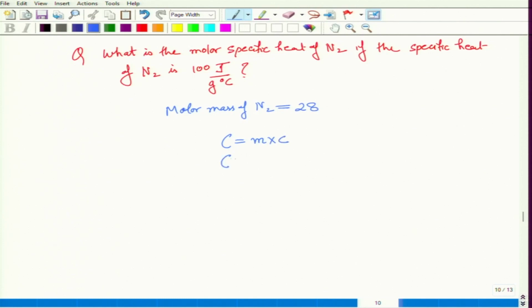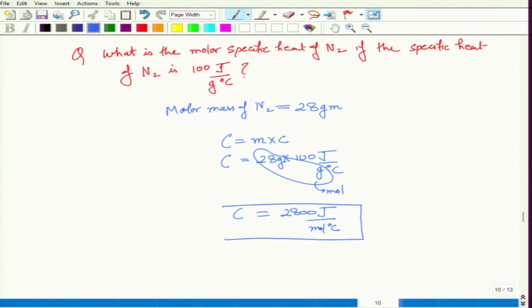So C is equal to 28 gram into 100 joule per gram degree centigrade, and this comes in terms of mole. So that is 2800 joule per mole degree centigrade. So that is all. This is all about the specific heat and molar specific heat.